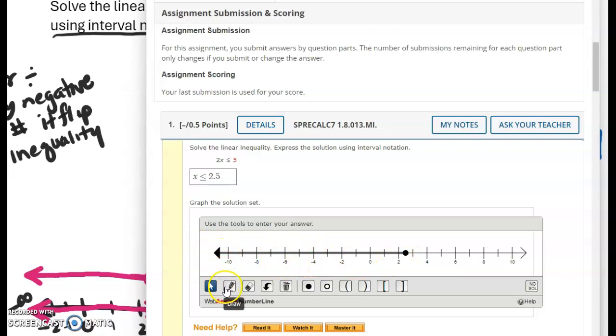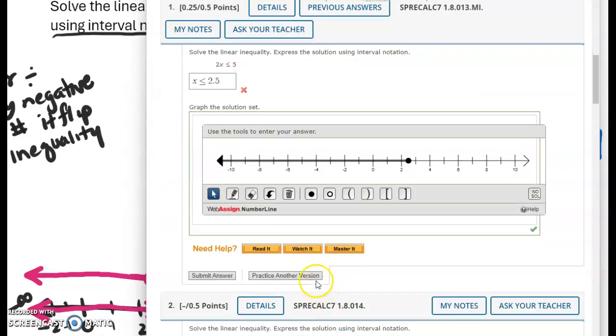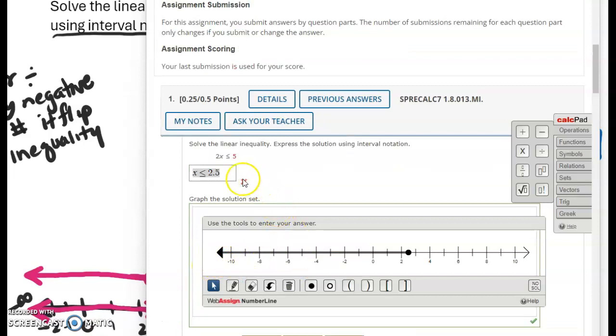I click the draw button and it draws this arrow. Then let's hit submit answer, and see if that is how it wants us to submit it. And so when I see this, I got a red X here, but I got a green check here. So I did this one wrong.